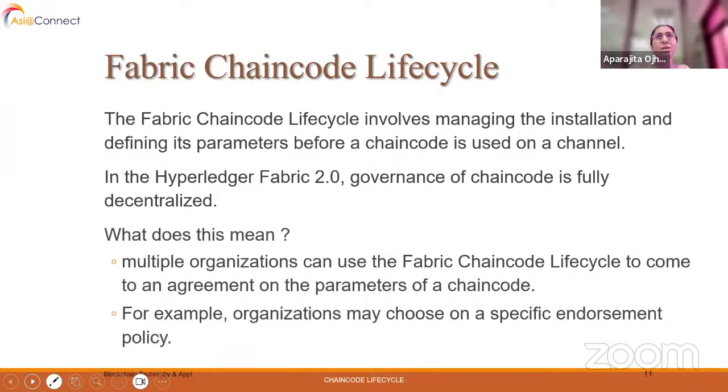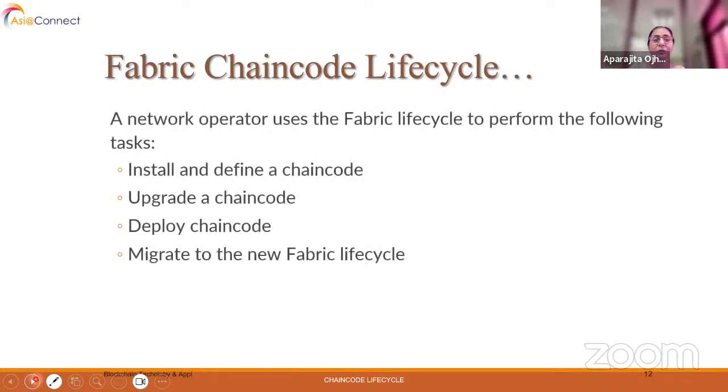That means that multiple organizations can use the Fabric chain code lifecycle to come to an agreement on various parameters of the chain code. So what are those parameters? Say, for example, one parameter could be the endorsement policy. Another parameter could be for how much period this chain code will remain live. What will be the name of the chain code? Other various parameters which are there.